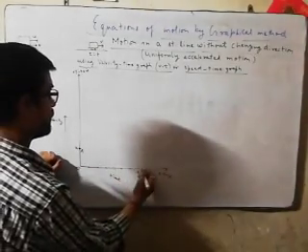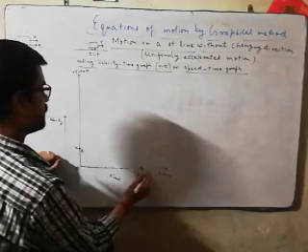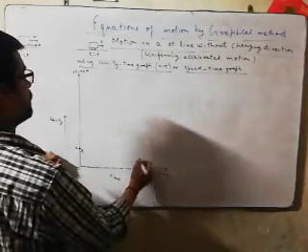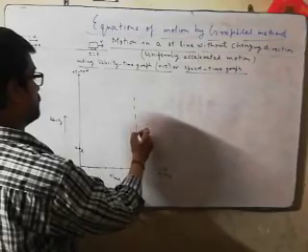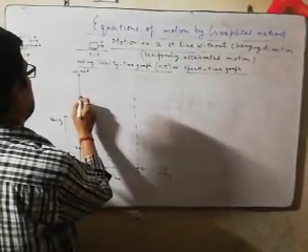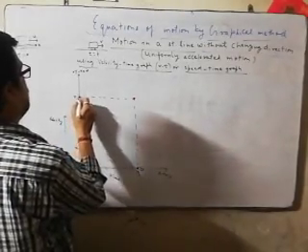The point here is represented by maybe D. D point represents that at time t, velocity was v.